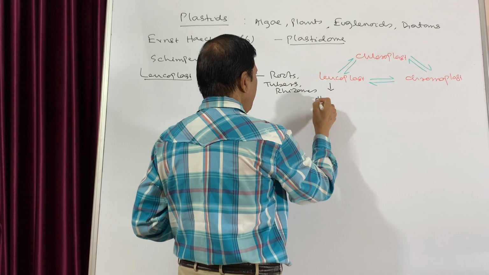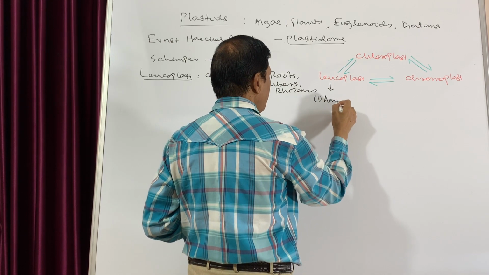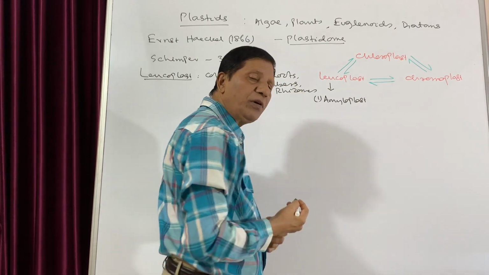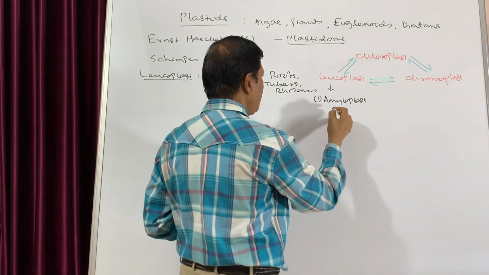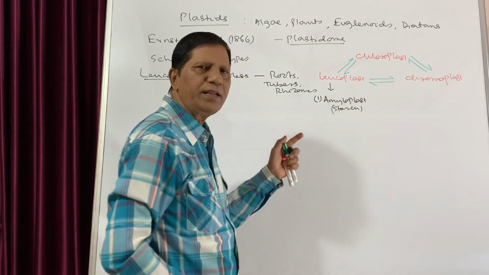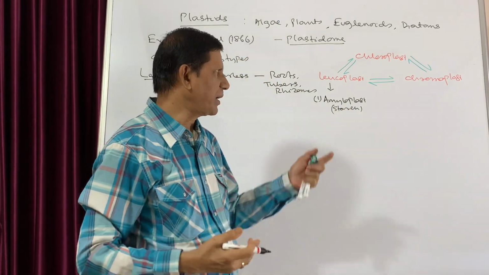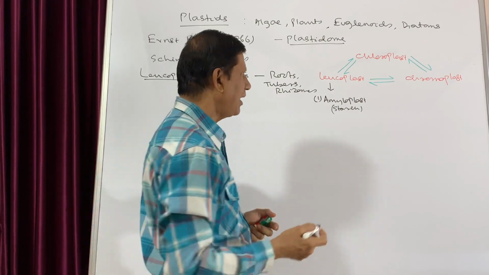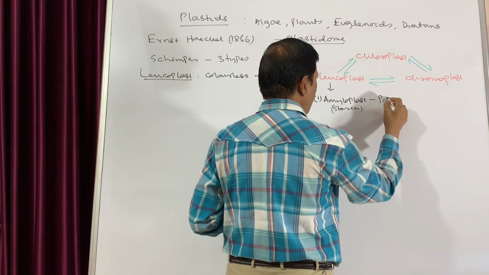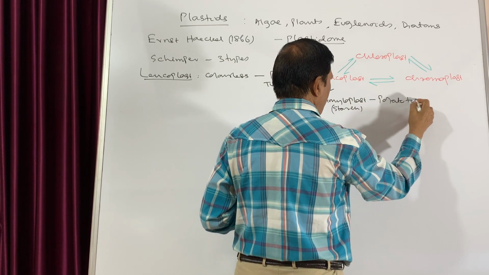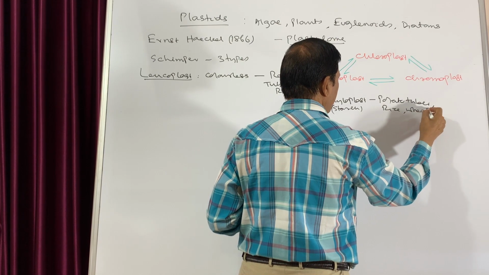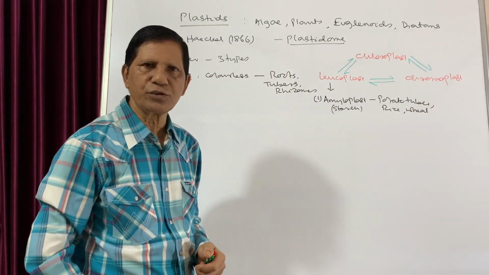The first is the amyloplast, when they store starch, that means carbohydrate. Usually amyloplasts are the largest plastids, very big in size. They are found in potato tubers, and also in rice and wheat, because they store starch.